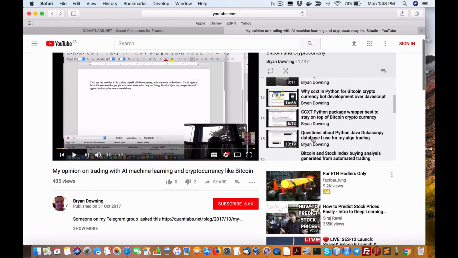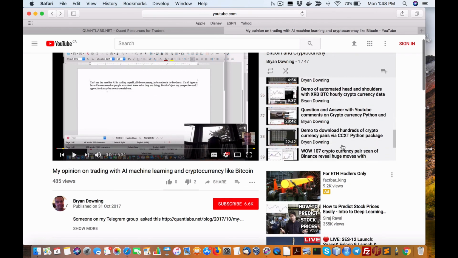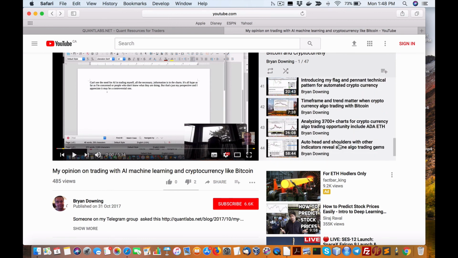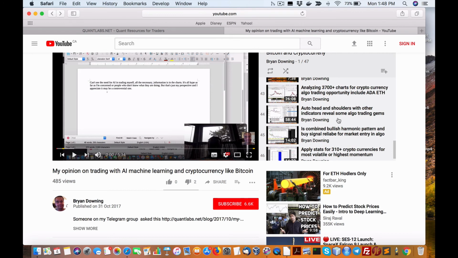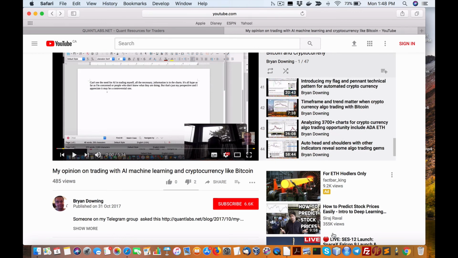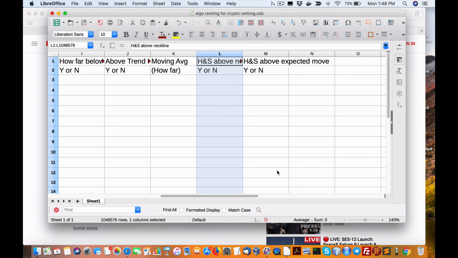In these videos, if you look for the automated head and shoulders, what I've developed is just virtually blue and green dots. And what they mean is if it's on an up move and you expect it to move up, there's the neckline, and the difference between that and the green dot is what we expect the move to be, the peak of that move. That's what we expect. And the blue dot's the opposite when you do shorting.